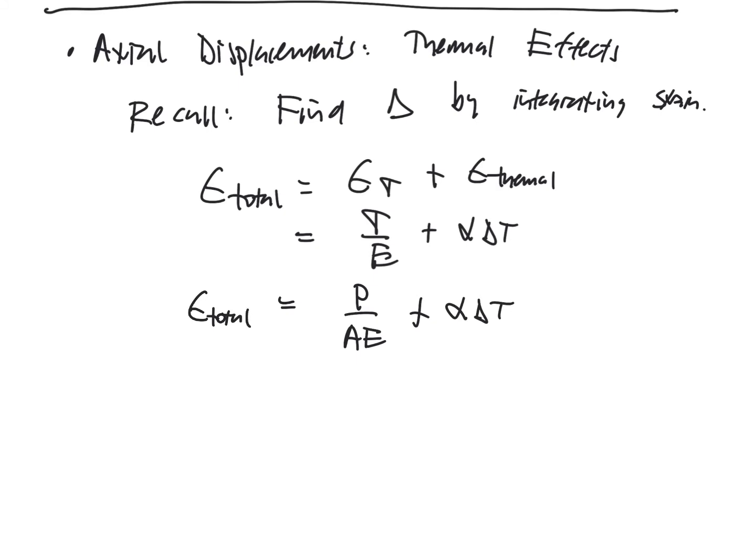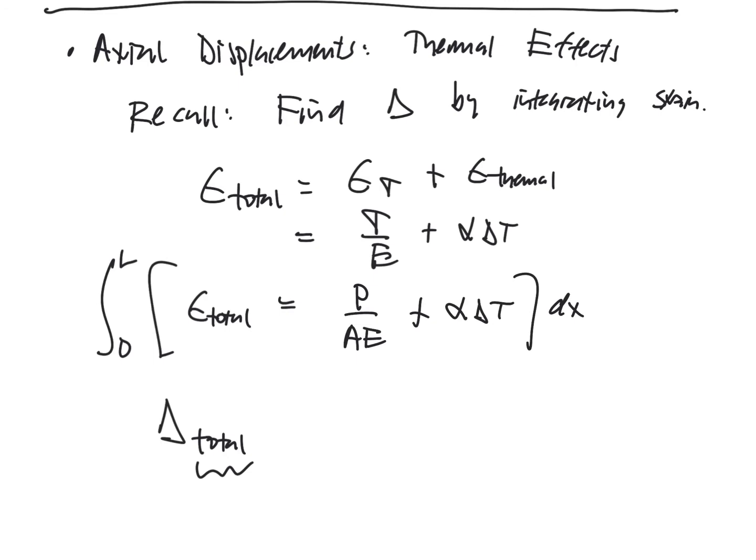So now when we integrate that, I'll put a bracket around this, and we integrate over the length of the bar, like so. What happens then? Well, now we're going to get the total displacement, which again is what we see and measure. I can really leave this off because that's almost always implied.